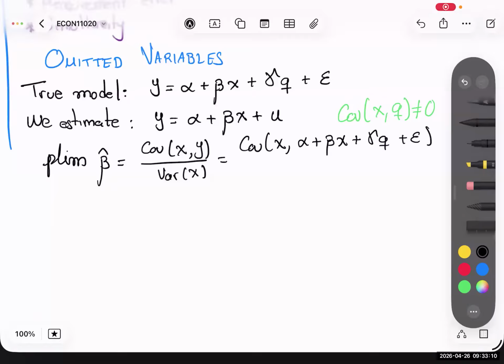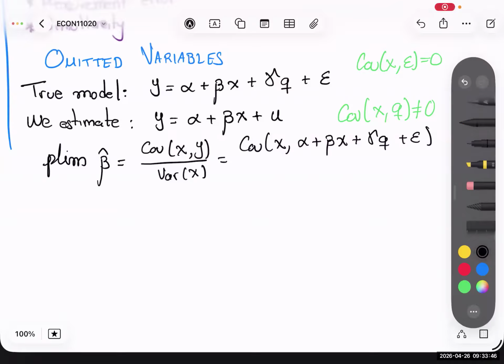Note, by the way, that in the true model, it has to be the case that the covariance between x and epsilon is 0, right? Because that's the true model. For this model, we don't have a violation of the orthogonality assumption. The violation comes in the second specification where we excluded the regressor q.